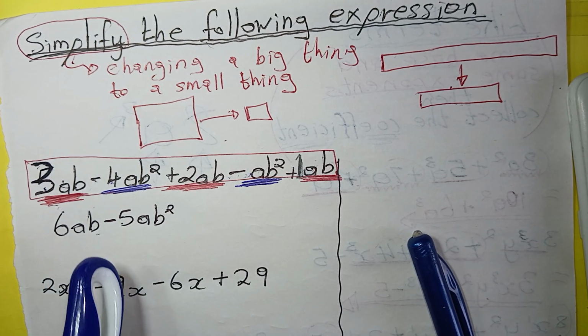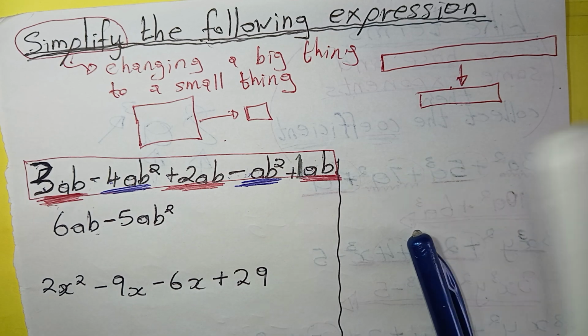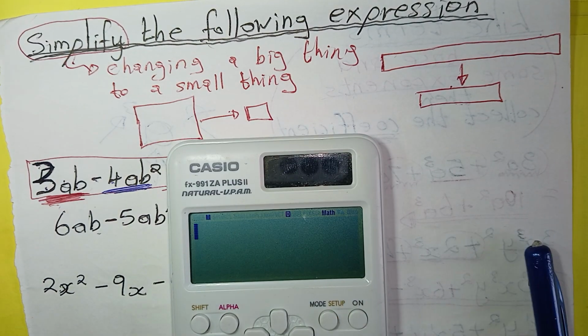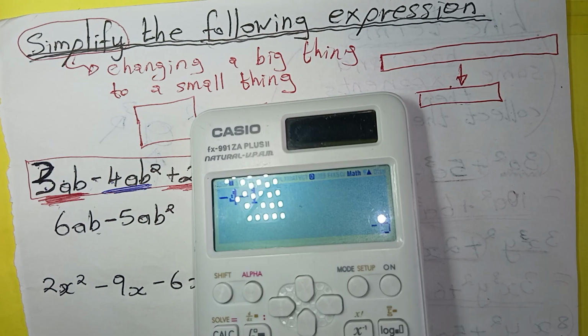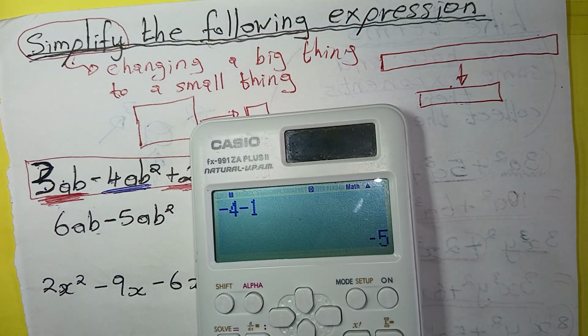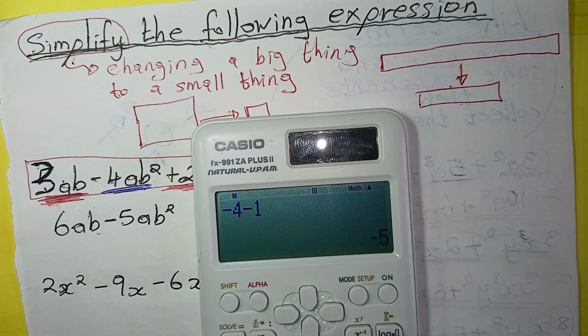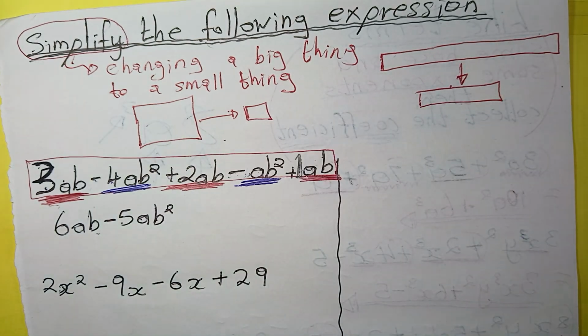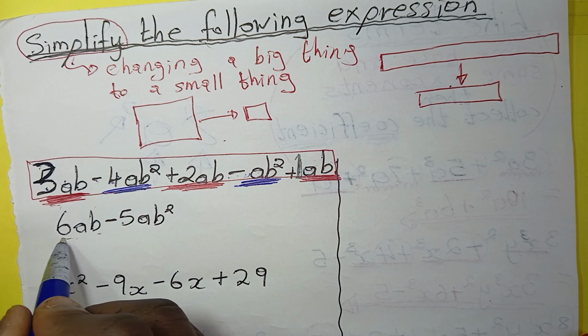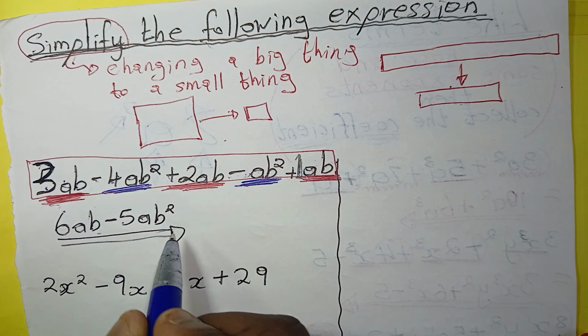Even you can use your calculator to avoid mistakes. Say minus 4 and minus 1. This gives you what? Minus 5. I will explain to you why it gives you minus 5. Okay. So this one will be your final answer.